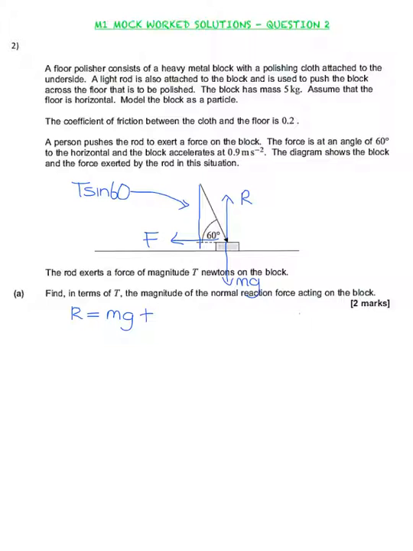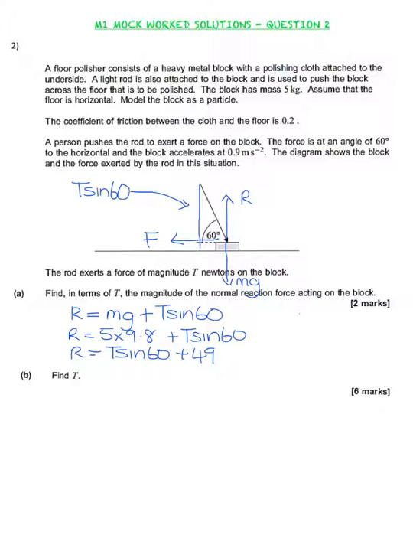So R is equal to mg plus T sine 60. We know the mass of the block is 5, so R is equal to 5 times 9.8 plus T sine 60, which gives us R is equal to T sine 60 plus 49.